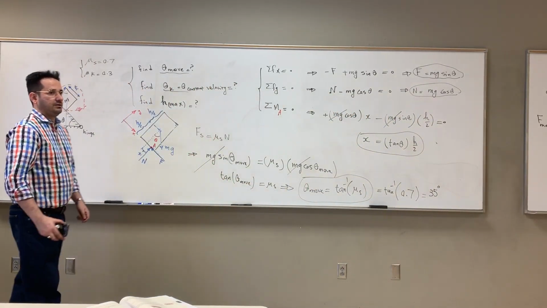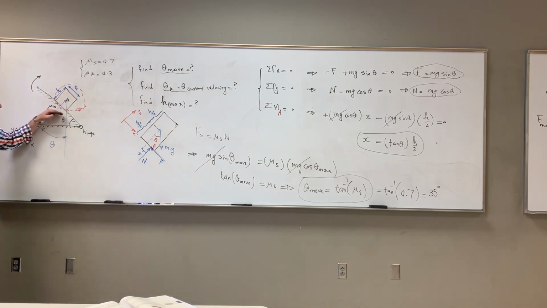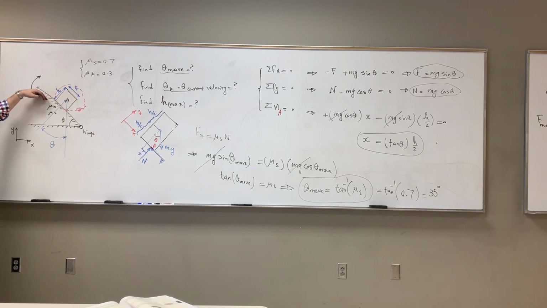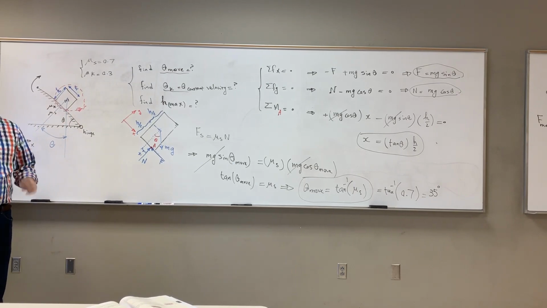So what does it mean? That means that if this angle is 0, there is no movement. If it's 1 degree, no movement. 2, no movement. Then you go up to 30 degrees. Is it going to move? No. You have to go exactly 35. And then if you add a little bit more, it's going to slide down with acceleration.